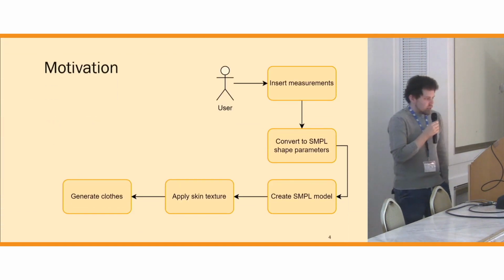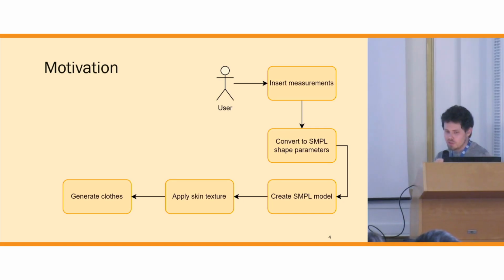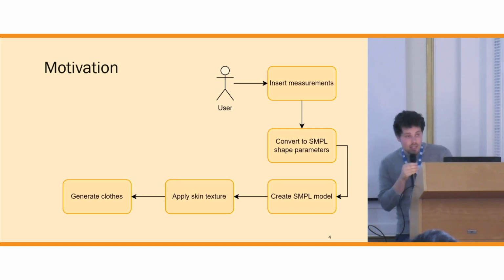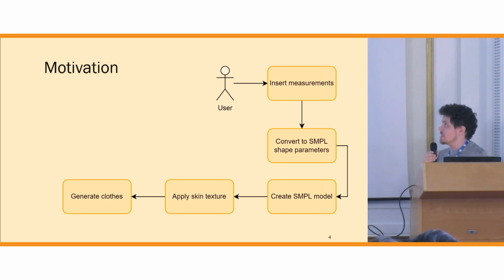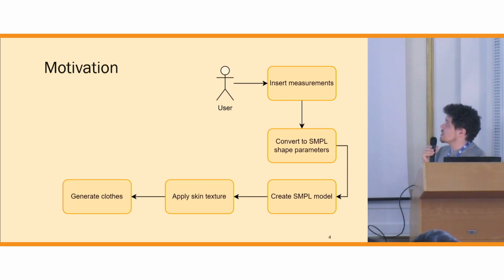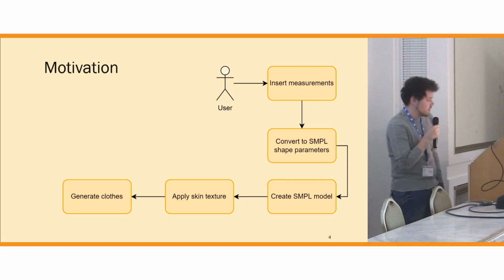Our motivation was to give users a way to create virtual copies of themselves. Our solution is based on creating avatars from anthropometric measurements. The first approach was to develop a pipeline where the user can insert the measurements he measured himself, and we can create an avatar.